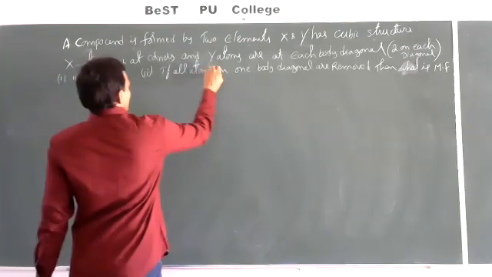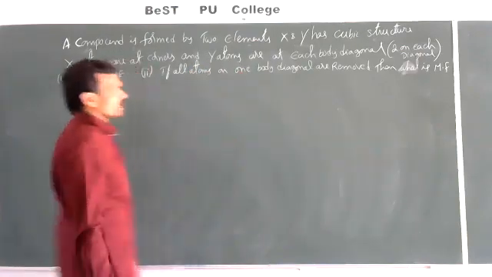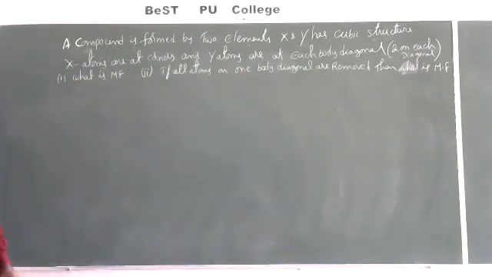If all atoms on one body diagonal are removed, then what is the molecular formula? This is the given question here. Let us see the solution for this.